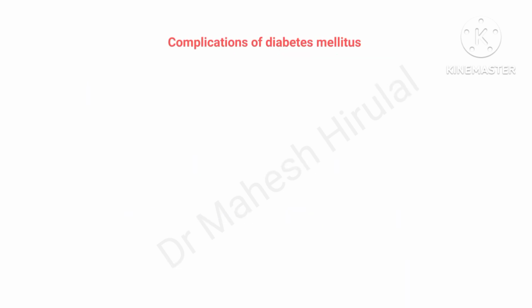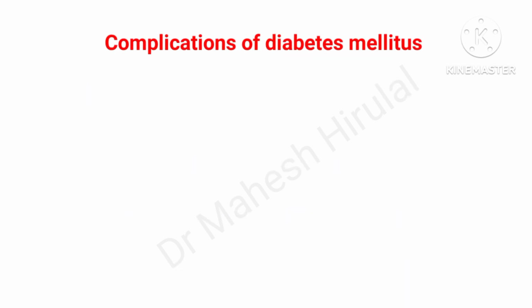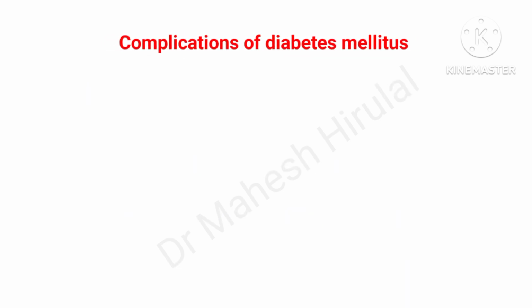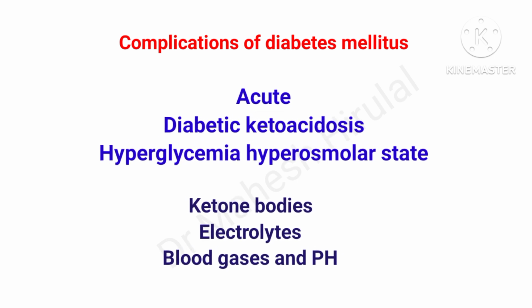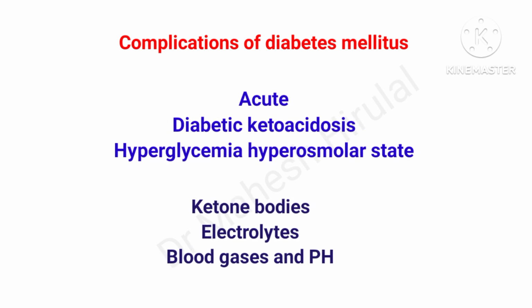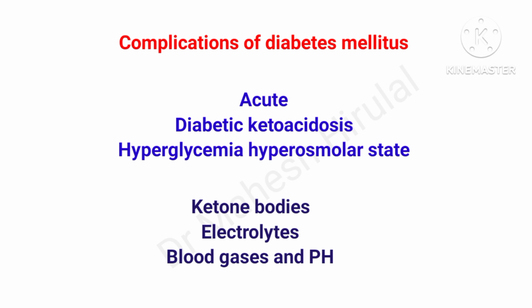Most of the time, diabetes mellitus patients may present with complications. Investigations like ketone bodies, electrolytes, blood gases, and pH have to be done in acute complications like diabetic ketoacidosis and hyperglycemic state.